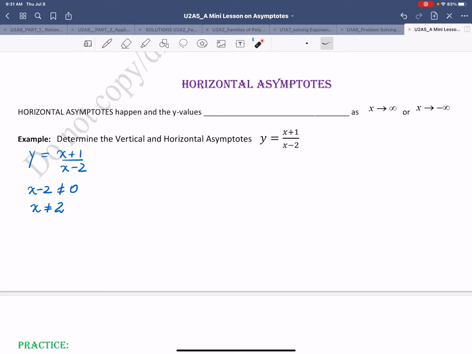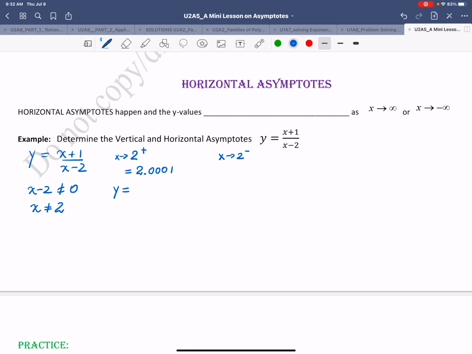To analyze this, we'll approach x equals 2 from the right-hand side and x equals 2 from the left-hand side. So if x approaches 2 from the right-hand side, then as an example, we're going to take the number 2.0001. And we will find the value of y at 2.0001.